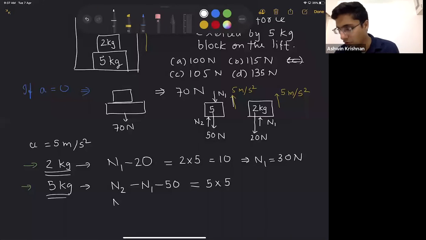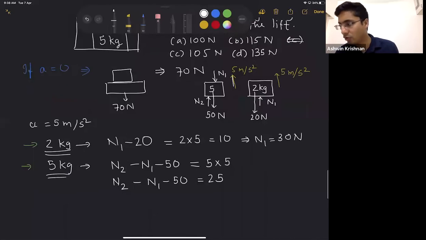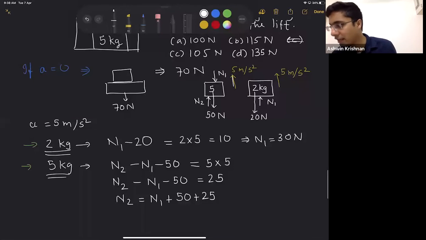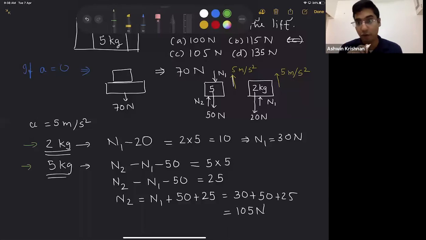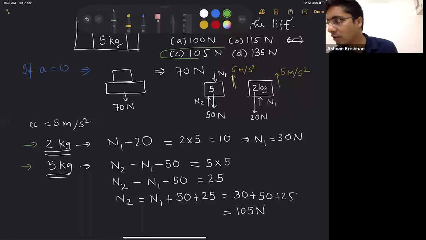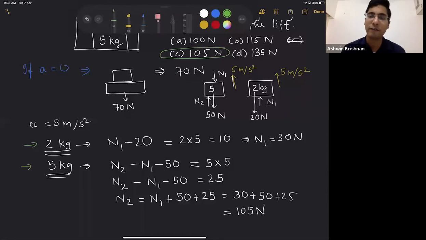So if you substitute this, N2 minus N1 minus 50 is 25. So N2 is N1 plus 50 plus 25, which is 30 plus 50 plus 25, which is 105 Newton, which many of you got right. So well done. Correct answer is 105 Newton.